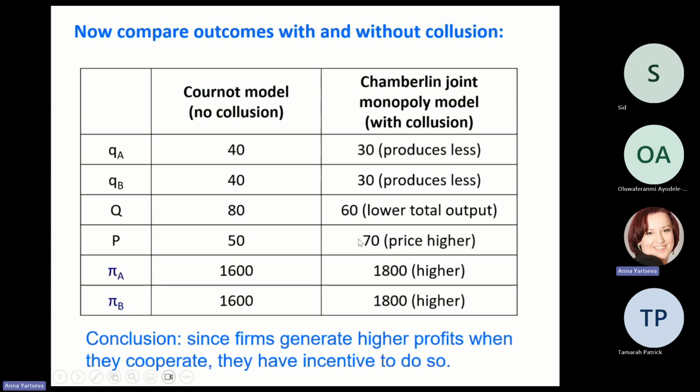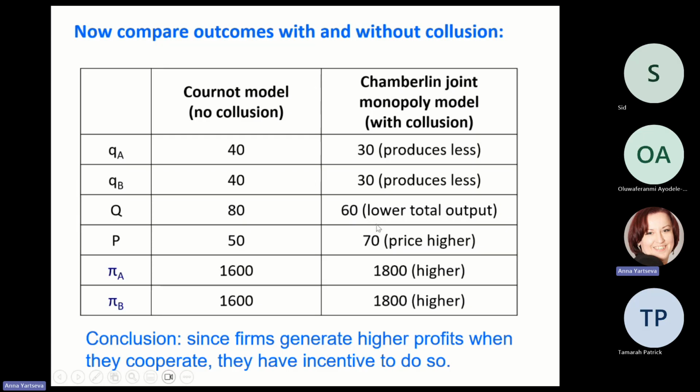Again, if you put all of these numbers together from both models with no collusion and with collusion, you can see how the outcome is different. In Cournot model, each company produces 40 units. Now they're producing 30 units only. Like any monopolist, they're cutting down, restricting their production. So the whole industry supplies not 80, but 60 units right now, much lower total output, exactly like monopolists.